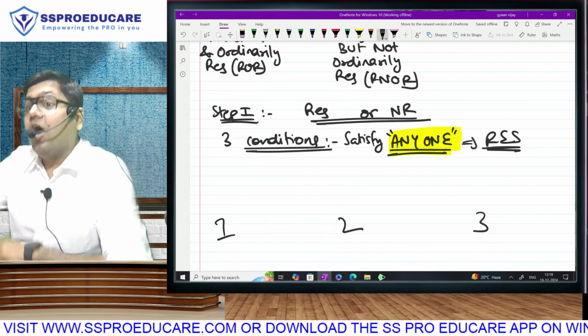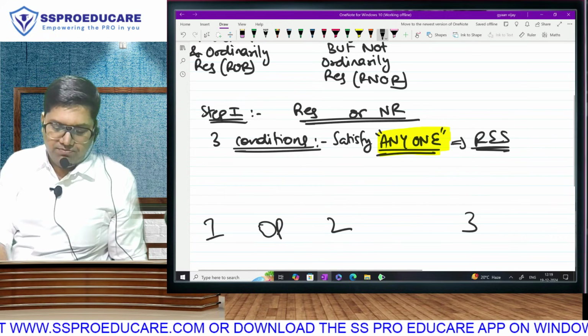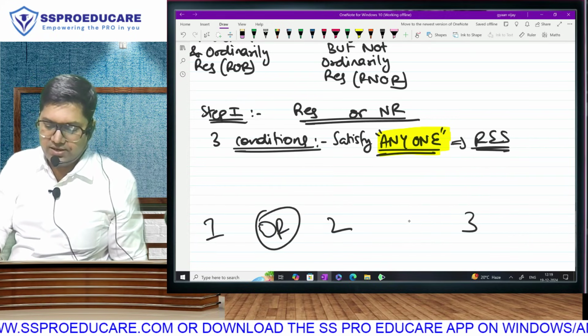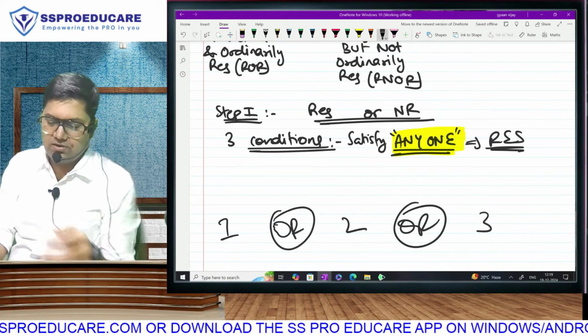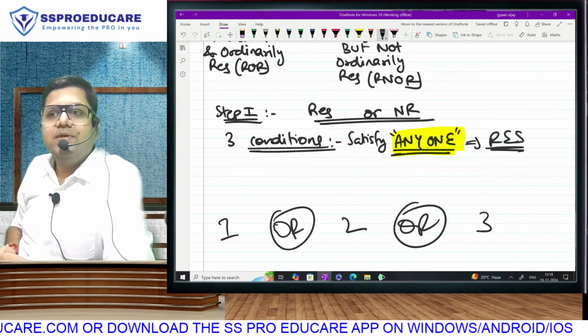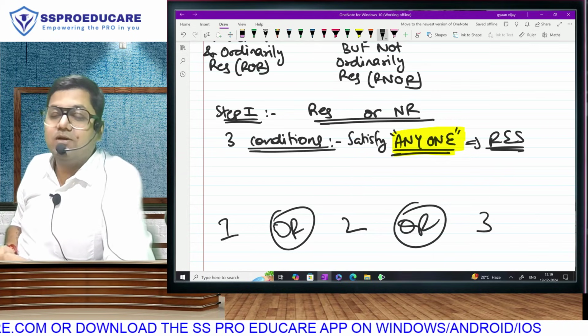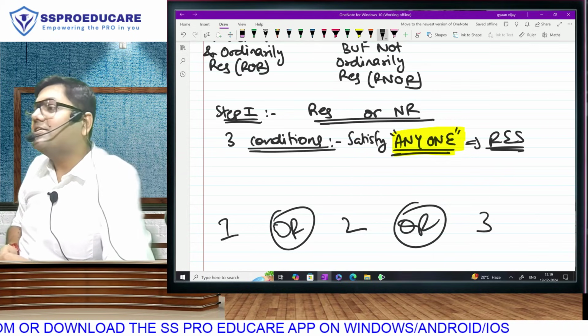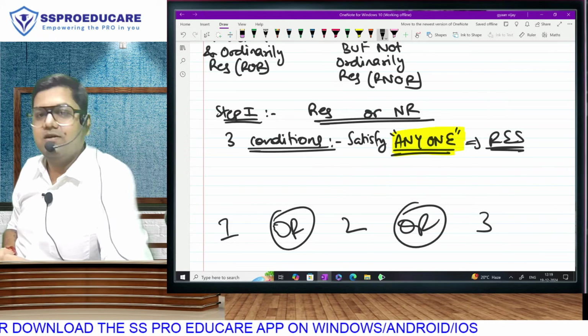That means, understand what I am going to do between condition 1, condition 2 and condition 3. I will write the word or, the English or. In Hindi, or means and. So don't confuse us unnecessarily. In English, or means anyone.